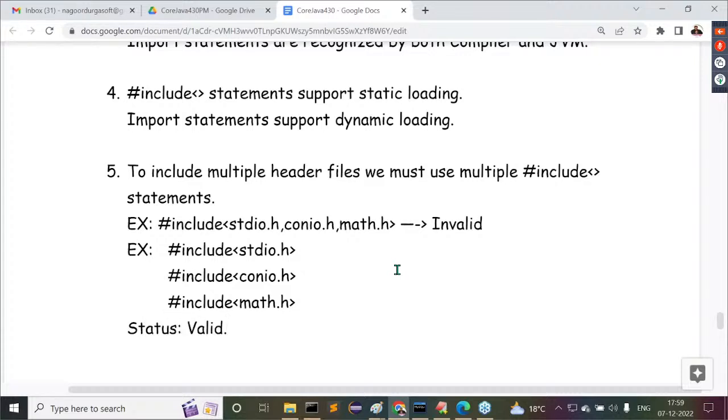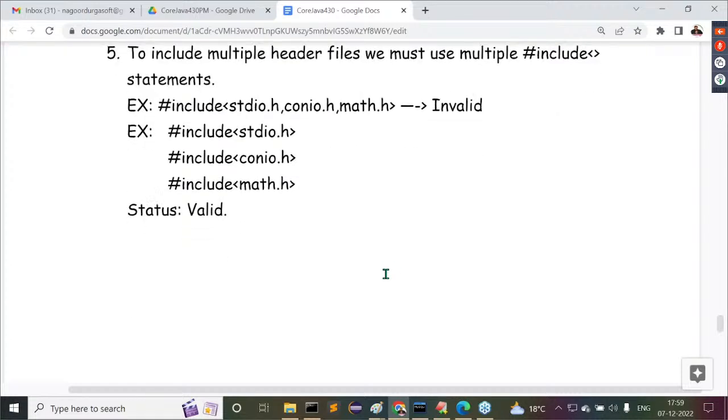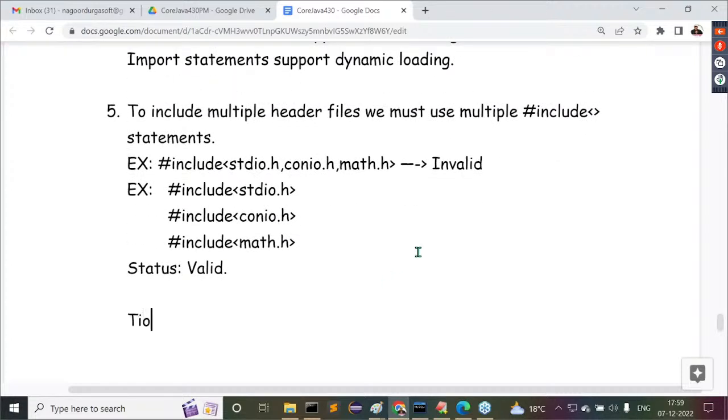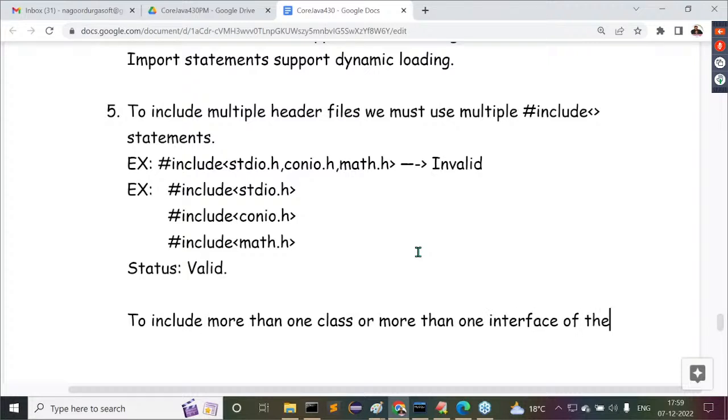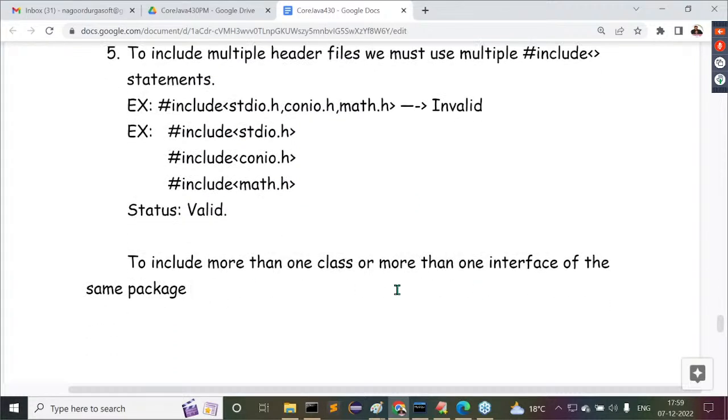Okay, fine. Now this is about C and C++. The similar point about Java is: to include more than one class or more than one interface of the same package, we are able to use a single import statement.